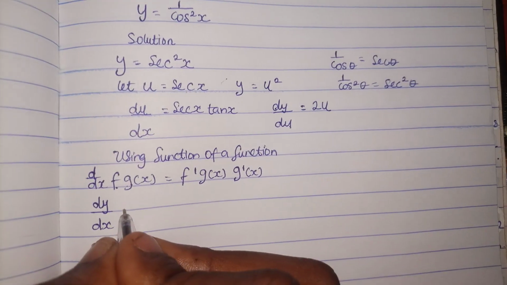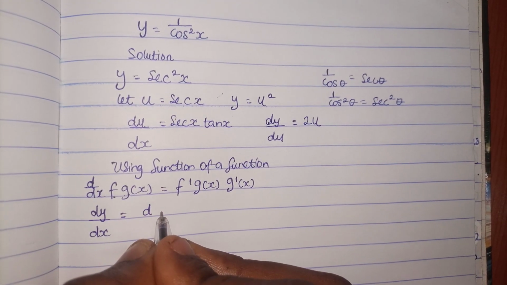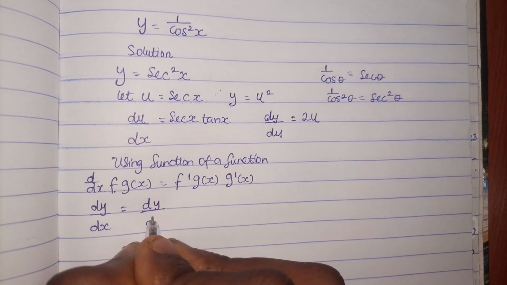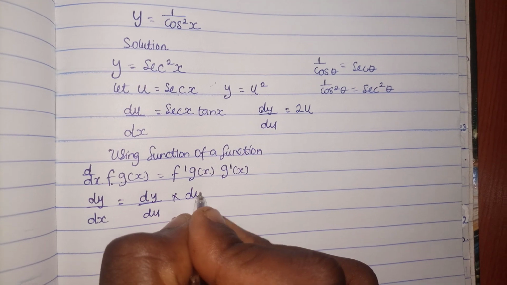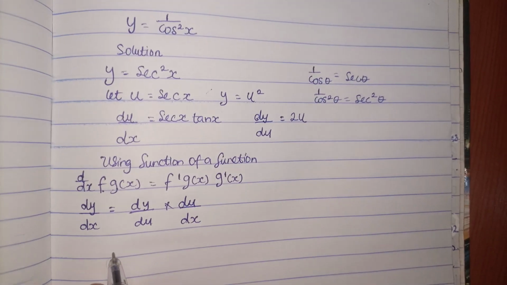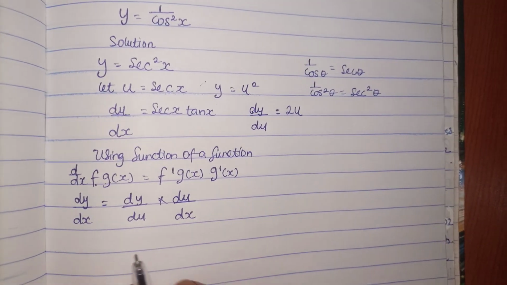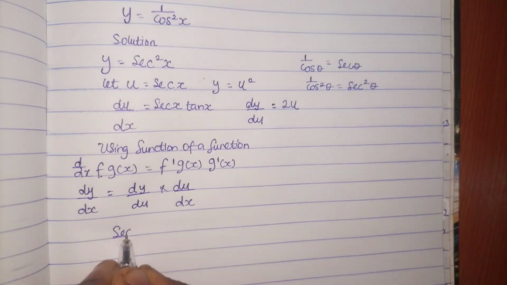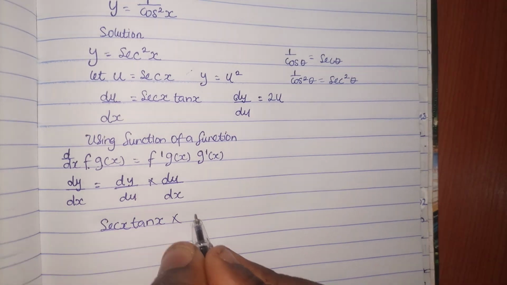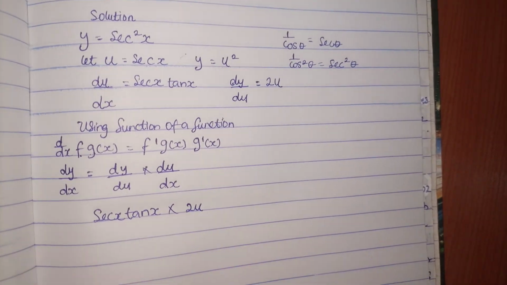that dy over dx is equal to dy over du times du over dx. So we are going to apply it here. Bringing this down, we have our du already, which is sec x tan x, times our dy, which is 2u.